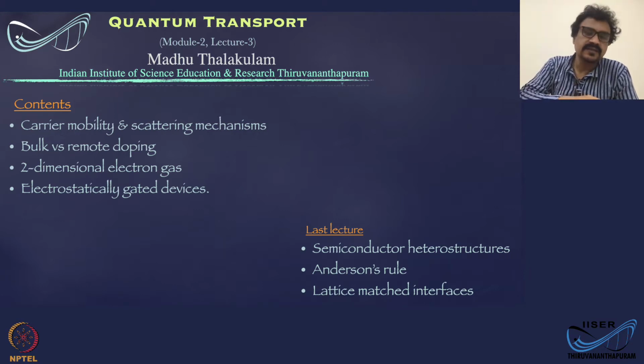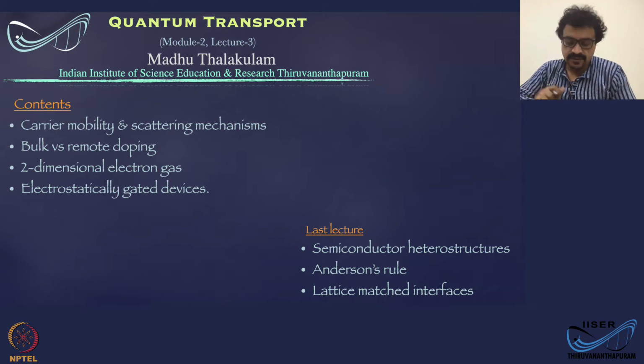In this lecture, we will look into some of the transport properties or specialities of this semiconductor heterostructure, because these heterostructures form the host or basis for a variety of devices that we are going to discuss during this lecture series.